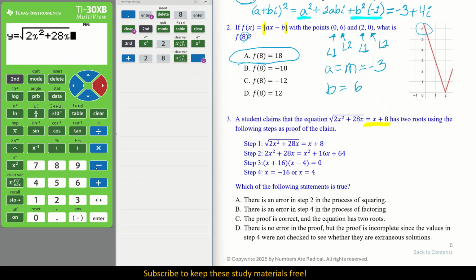Okay, now subtract, and then in parentheses, you're going to subtract this entire right-hand side, and you're going to make this equal to 0 really quick. But you have to put it in parentheses because you want the whole thing. You're going to move the whole thing to the other side of the equal. Okay, so we had x plus 8, close your parentheses. That's the expression you want in the calculator.